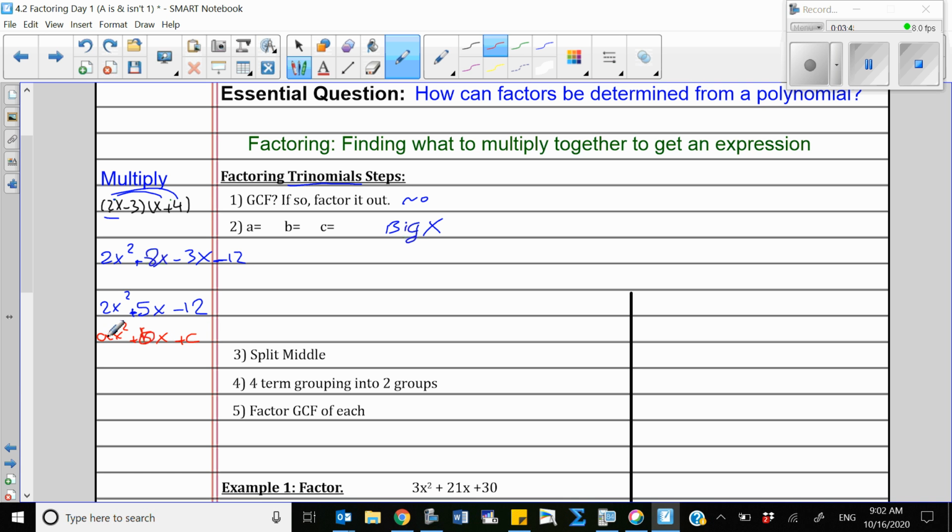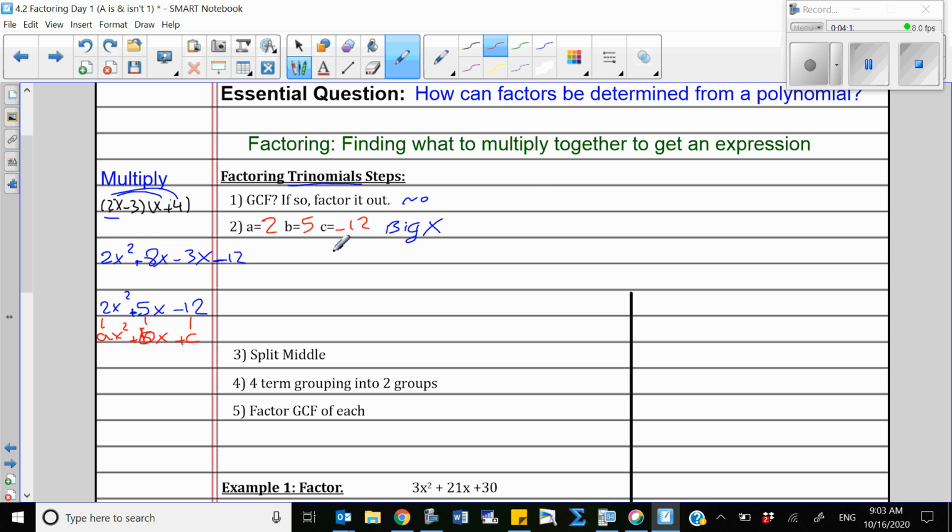So we're going to find the corresponding coefficients and get our a, b, and c. So the coefficient of x squared is a. So a is 2 here. Coefficient of x is b. That's 5. And then the last one, which is the constant number, is the c value, and it's negative 12.